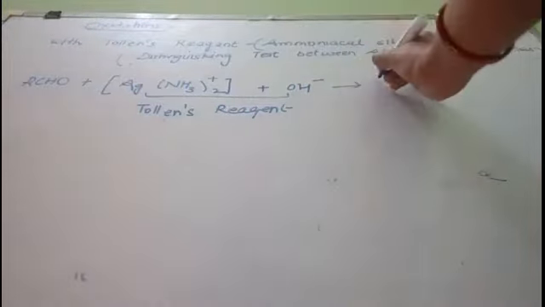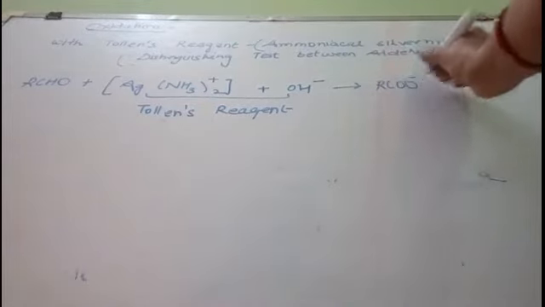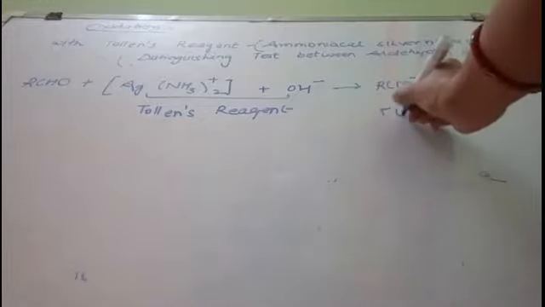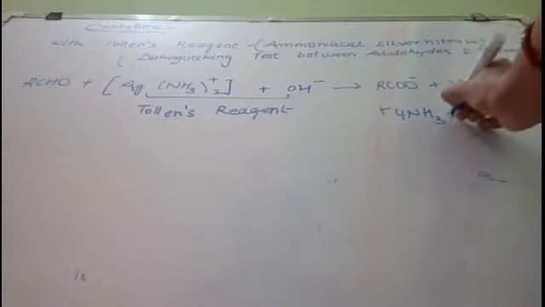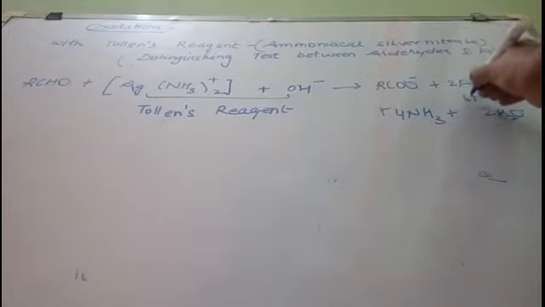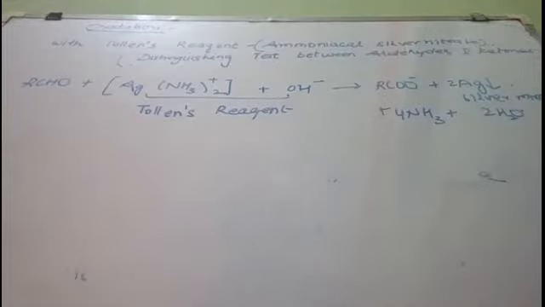and when it reacts with an aldehyde, we get a carboxylate ion, and the silver ion gets precipitated. This silver mirror is formed on the inner side of the test tube, right, and by seeing it we can identify that the given compound is an aldehyde.